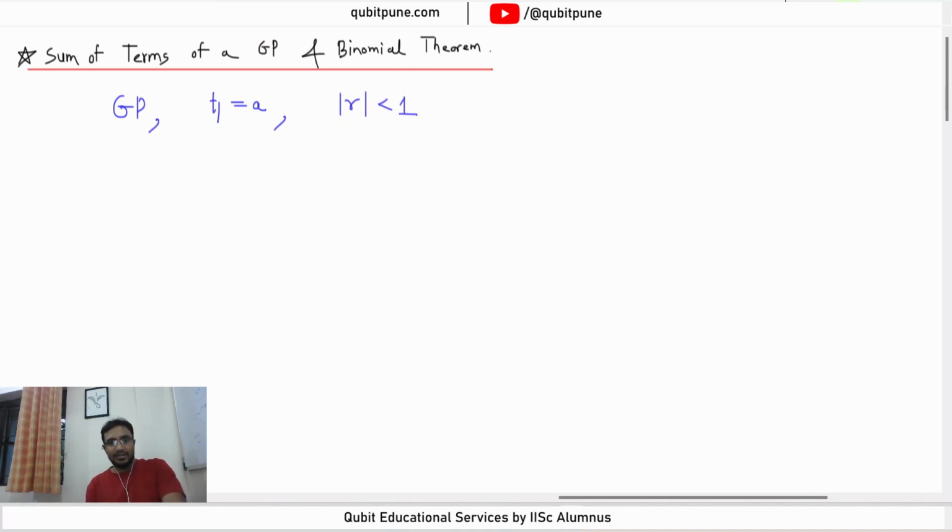Then what is the formula? Does anyone remember it? Sum to infinity is a upon 1 minus r.